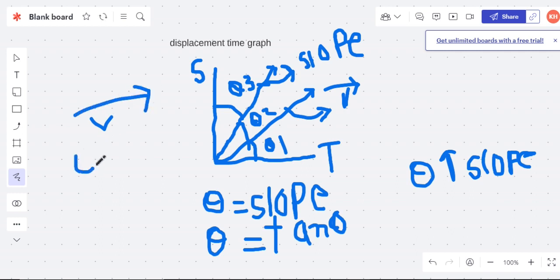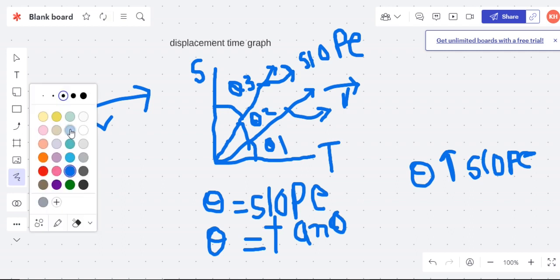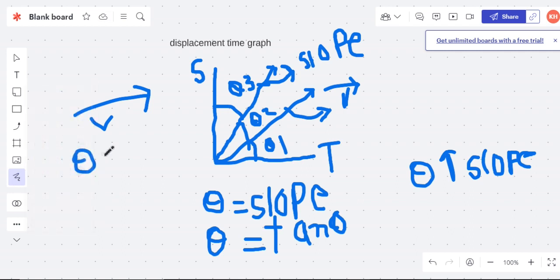So what's the formula of theta or slope? We have a very simple formula: tan theta is equal to y2 minus y1 divided by x2 minus x1.